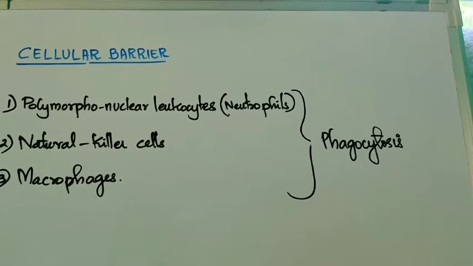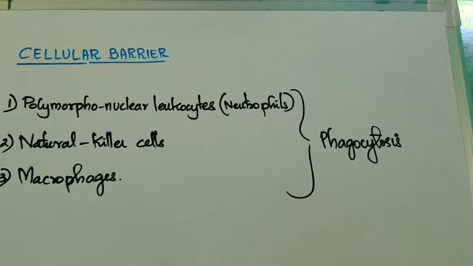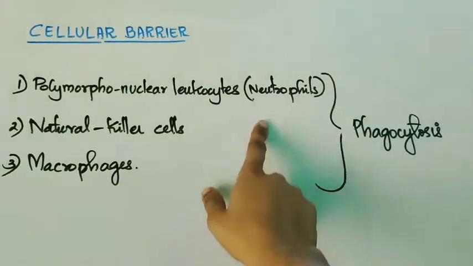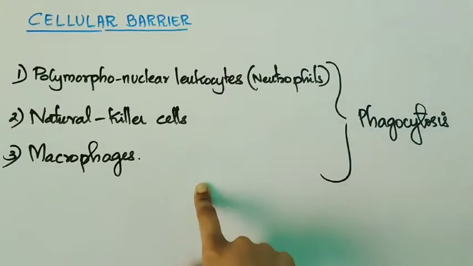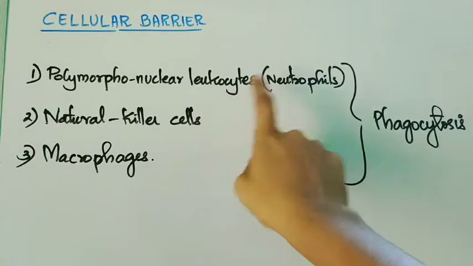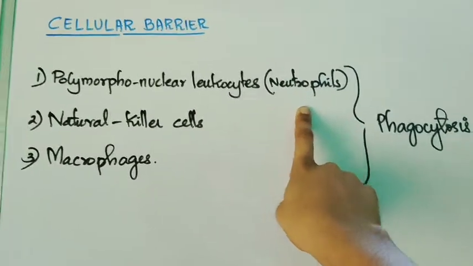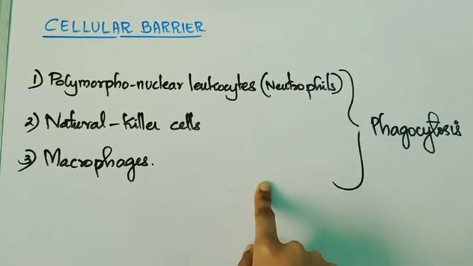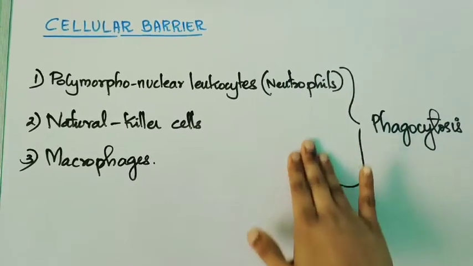And if these antigens have entered into our bloodstream, in the blood also various defense cells, immune cells are present, like neutrophils. Neutrophil is a kind of WBC, leukocyte. Natural killer cells, macrophages. All these kinds of cells are circulating in the blood all the time.